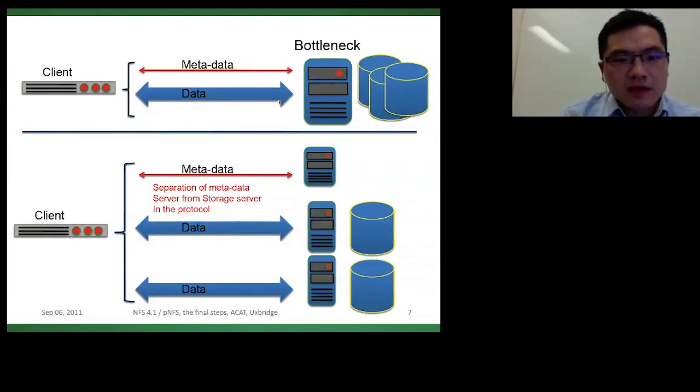The metadata is served by the so-called metadata server. There could be multiple metadata servers. This time, the parallel approach has the advantage, and we can have much better performance.